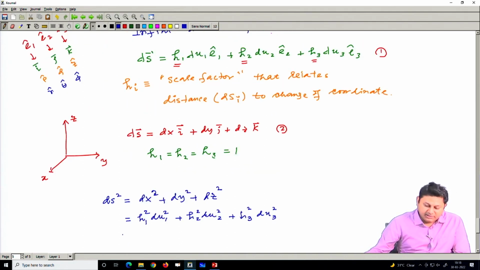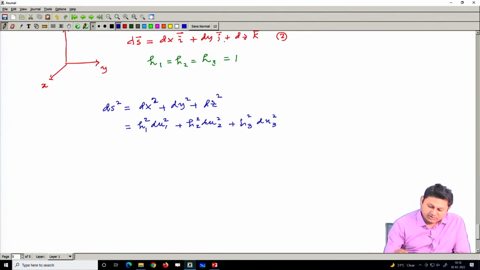Because ds is defined in this way, if you make a square of that, then I will get this result under the condition that e_i·e_j is delta_ij. That means I am still in an orthonormal coordinate system. Even though this is a generalized coordinate, it is orthonormal in nature. So, I am having this in my hand. Okay, that is why I can write it.